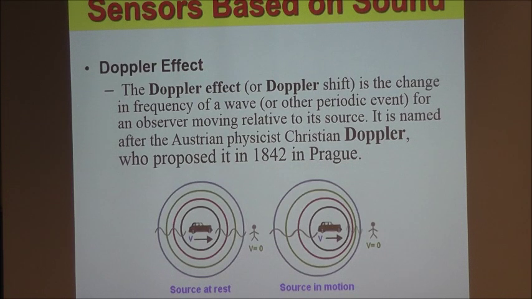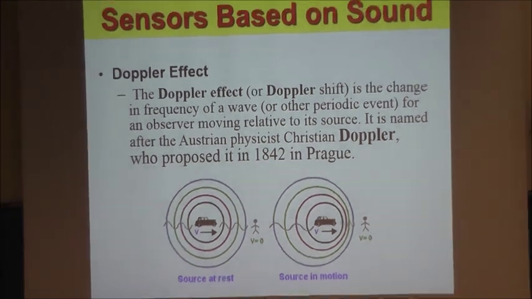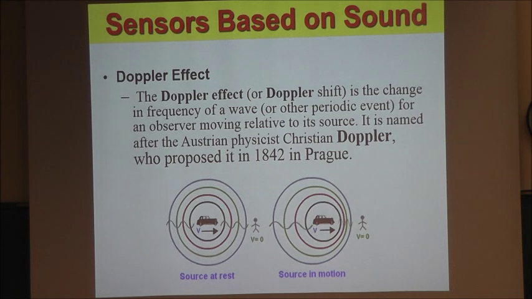So what is the Doppler effect? The Doppler effect or Doppler shift is the change in frequency of a wave or other periodic event for an observer moving relative to its source. The observer could be sitting in this car.